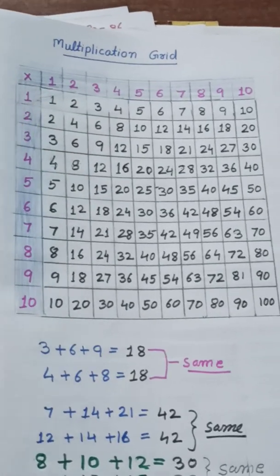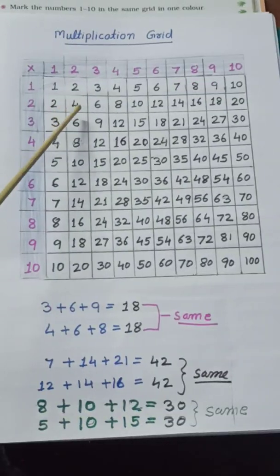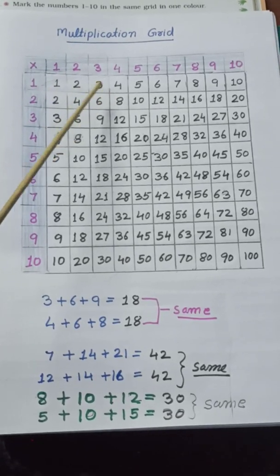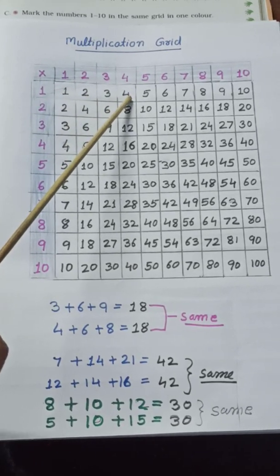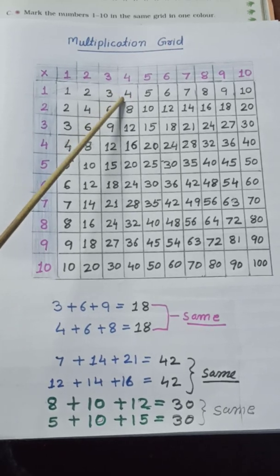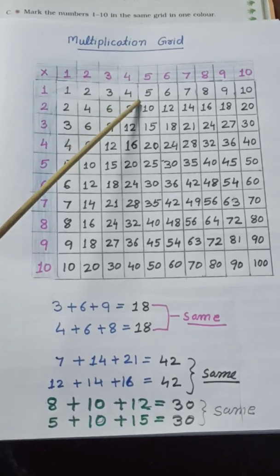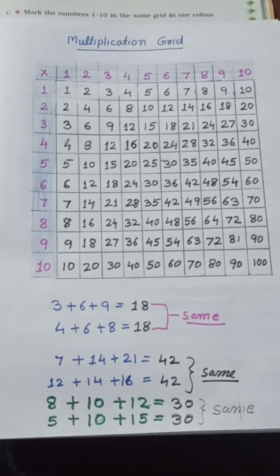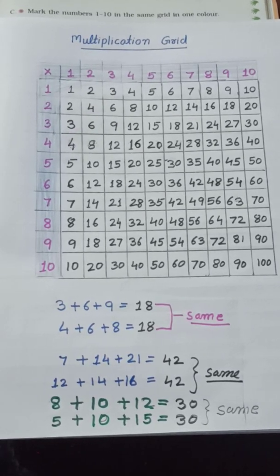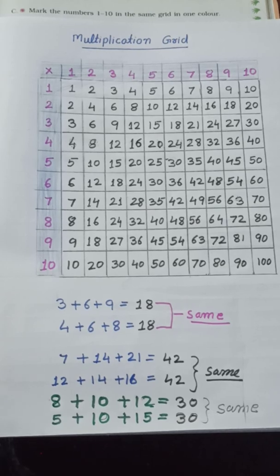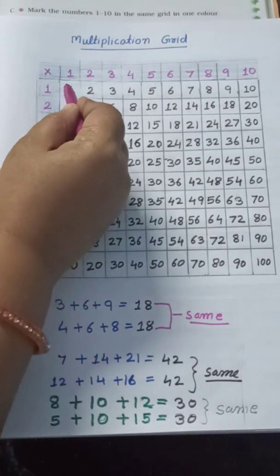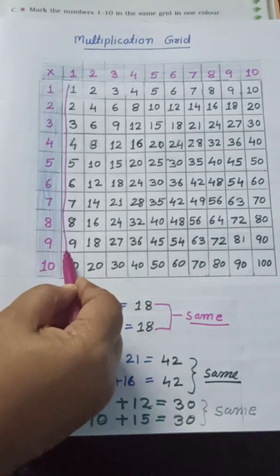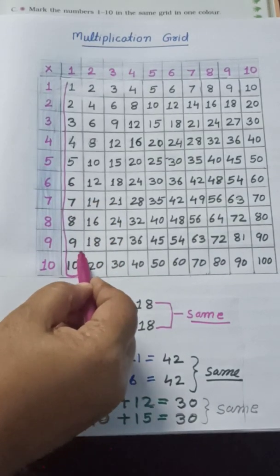It means we have to mark the numbers 1 to 10 in the same grid. Only we take one color. Okay, so I am taking red here. So let's see. I am marking 1 to 10 in this column. Look here, 1 to 10 in this column.